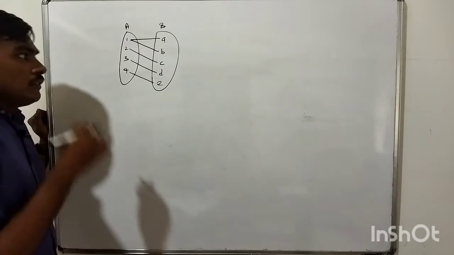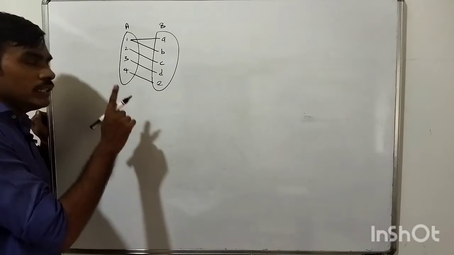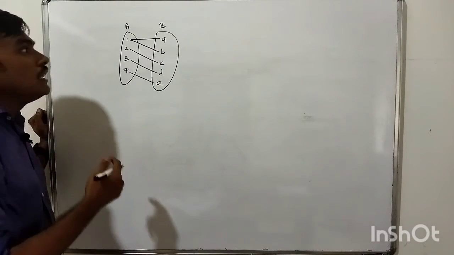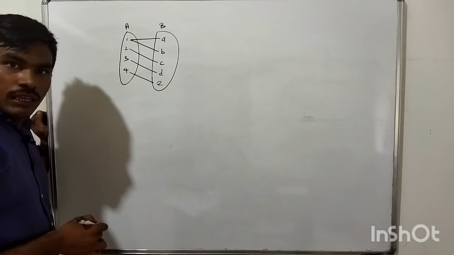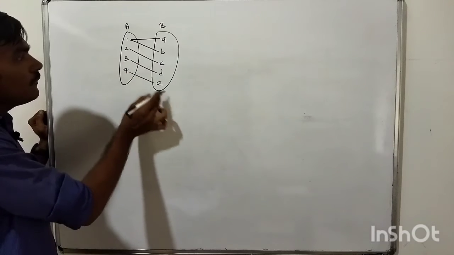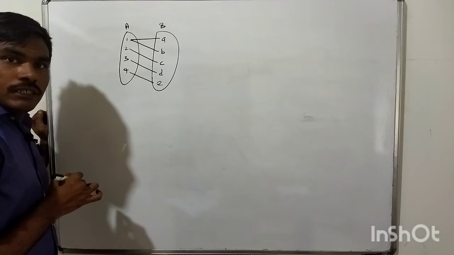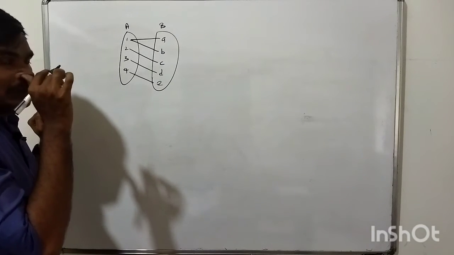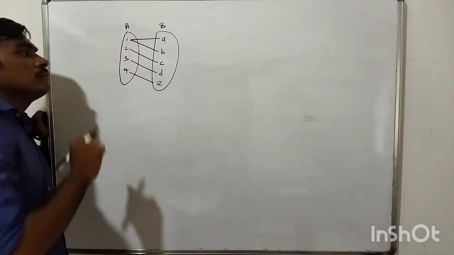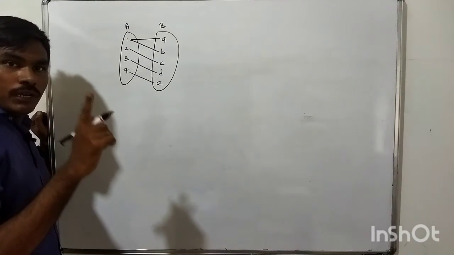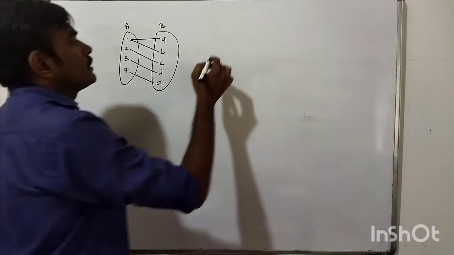Now, what you have to do? You have to check each element from the first set, whether it has one and only one image in the second set. We see element 1 has two images. Elements 2, 3 and 4 have one image each, but element 1 has two images here. But by definition of a function, all the elements from the first set should have one and only one image, minimum one image, maximum one image. So this cannot be a function.